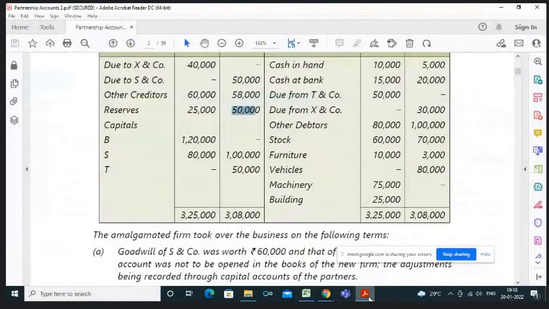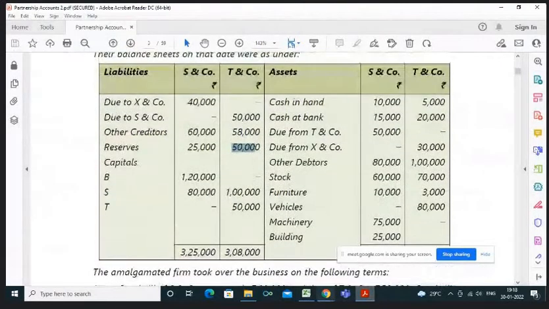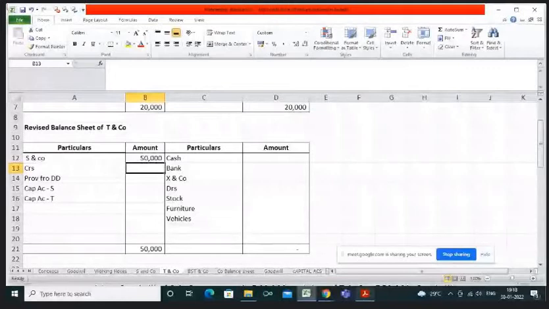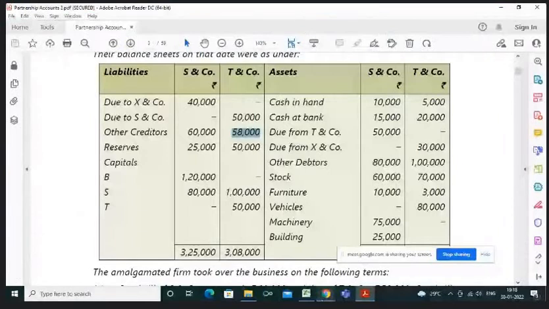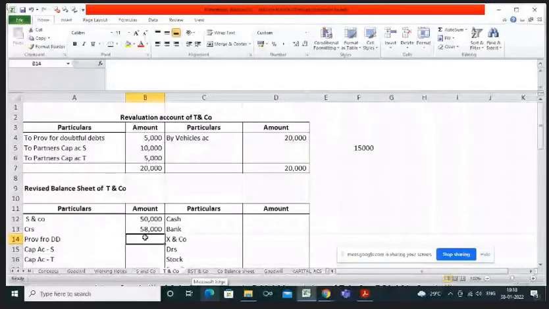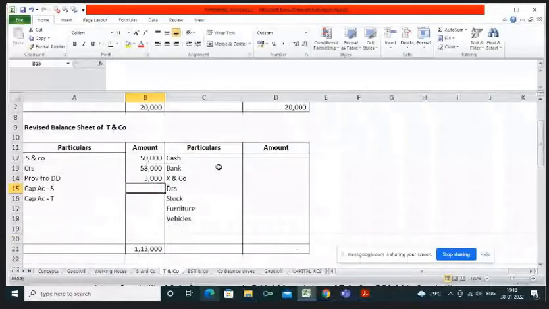So for T and Co also, I am trying to prepare the revised balance sheet. For T and Co, I have due to S and Co 50,000 and creditors 58,000.